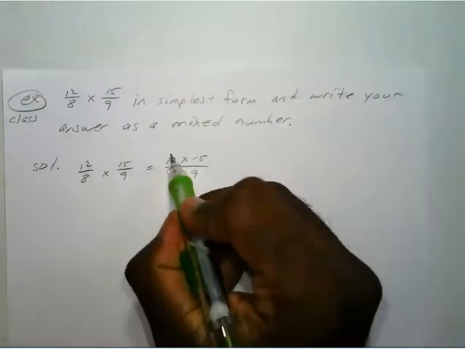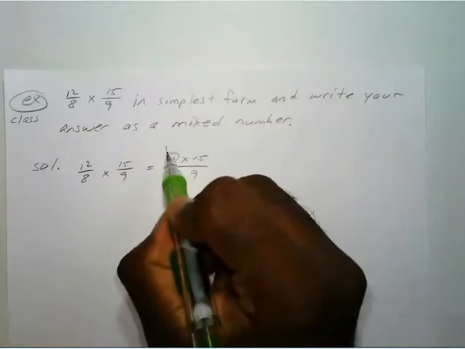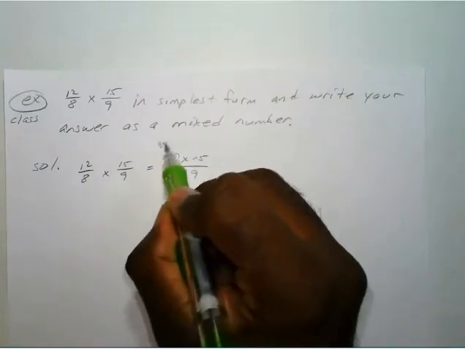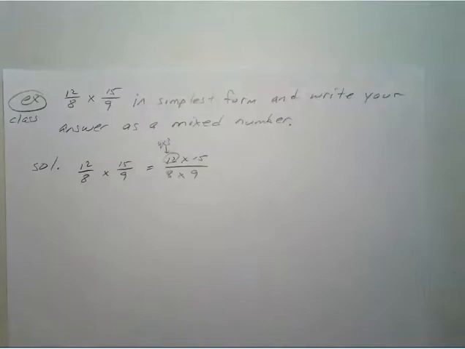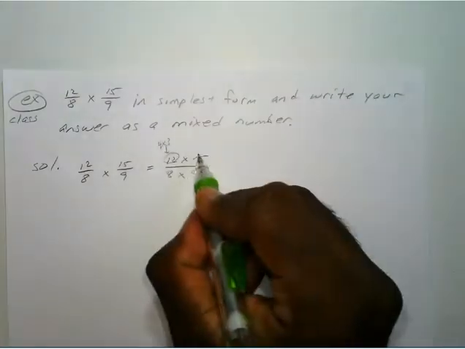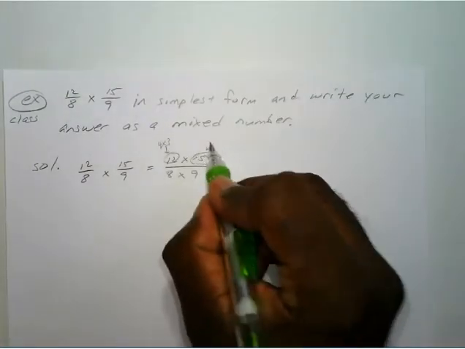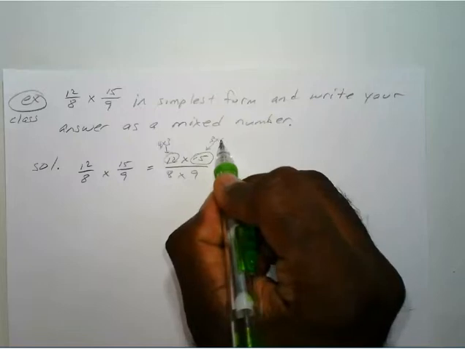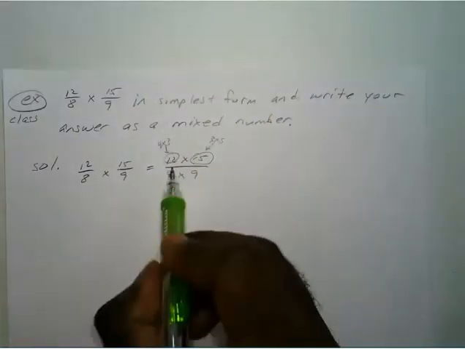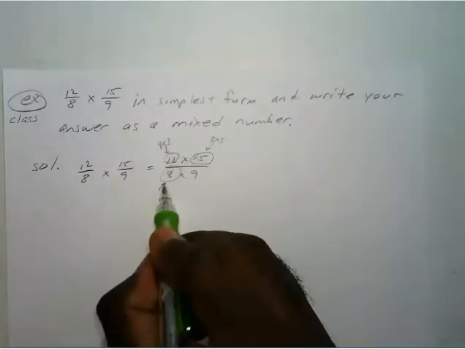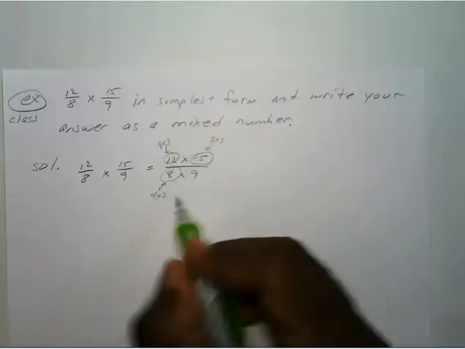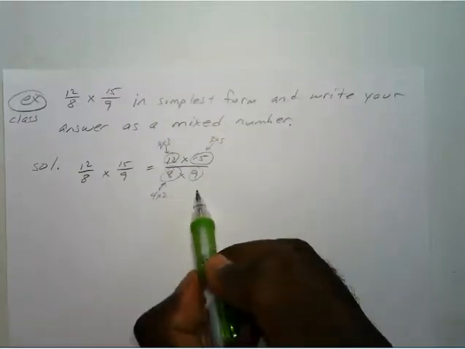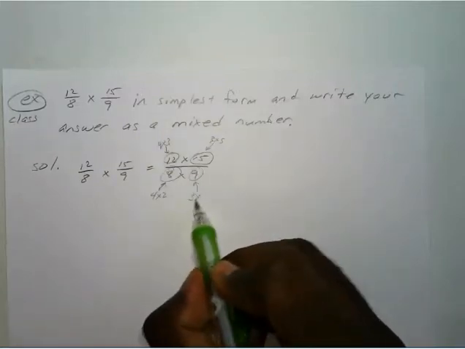Okay, so we know here that 12 is 4 times 3. We know 15 is 3 times 5. We know that 8 is 4 times 2. And we know that 9 is 3 times 3.